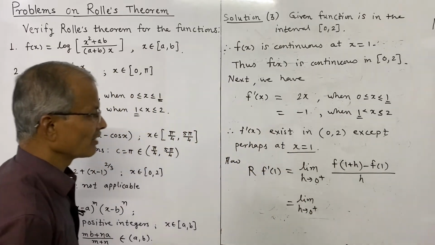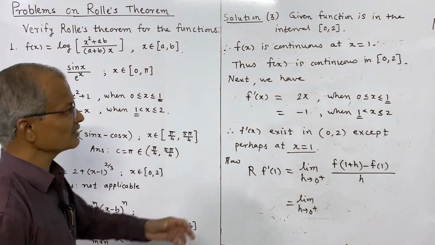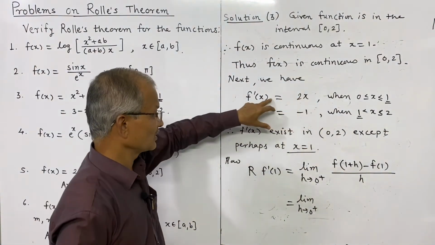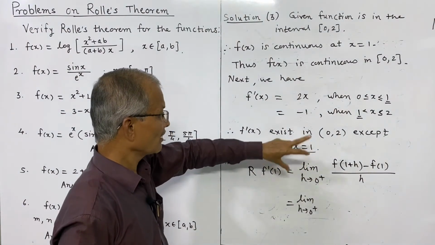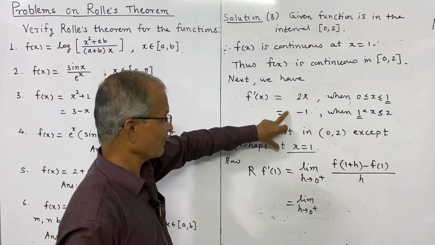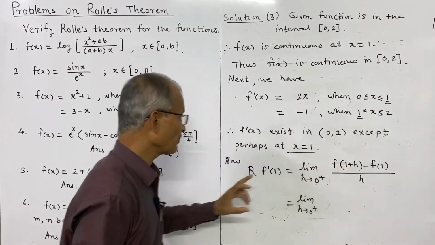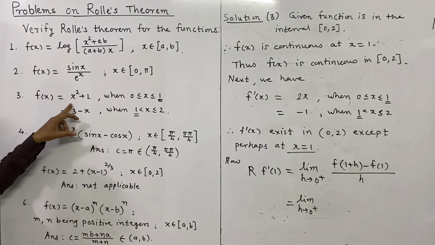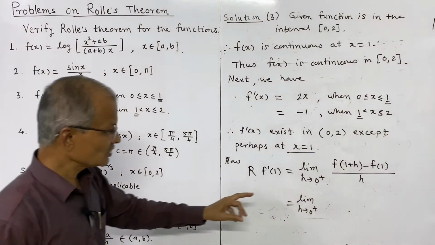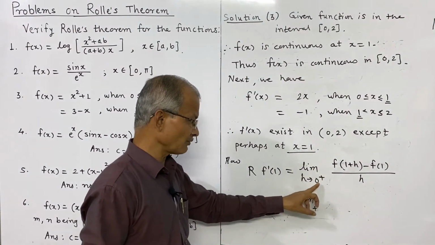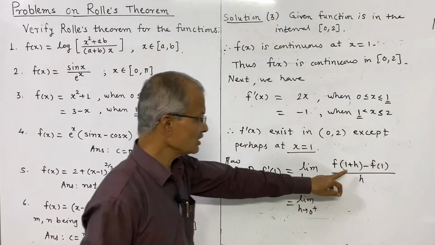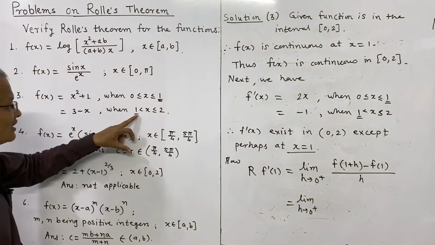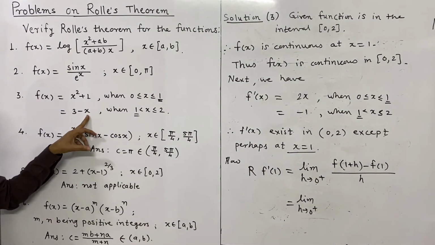Now what is f of 1 plus h? What is important here is we have to use the proper definition of f. Here h is positive, so 1 plus h is greater than 1, and for values greater than 1 the function is defined by 3 minus x.